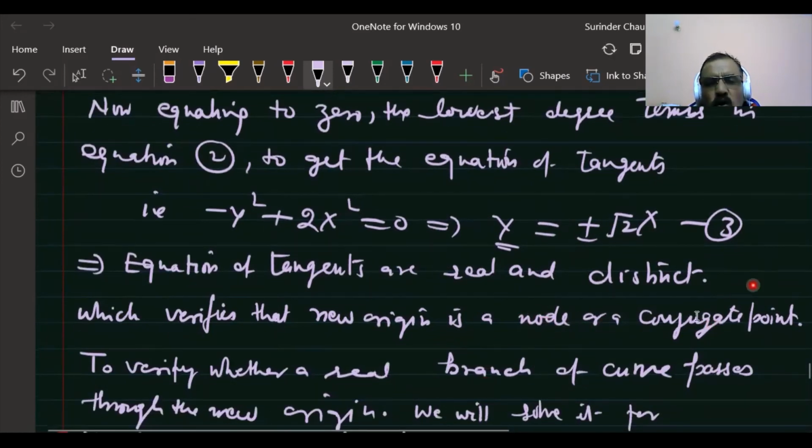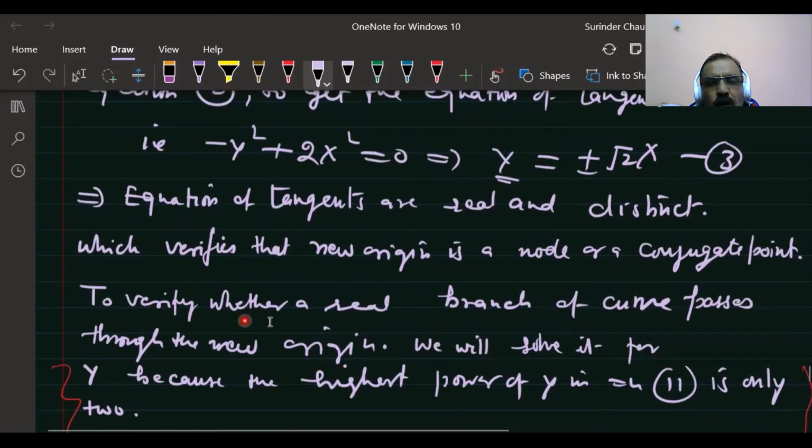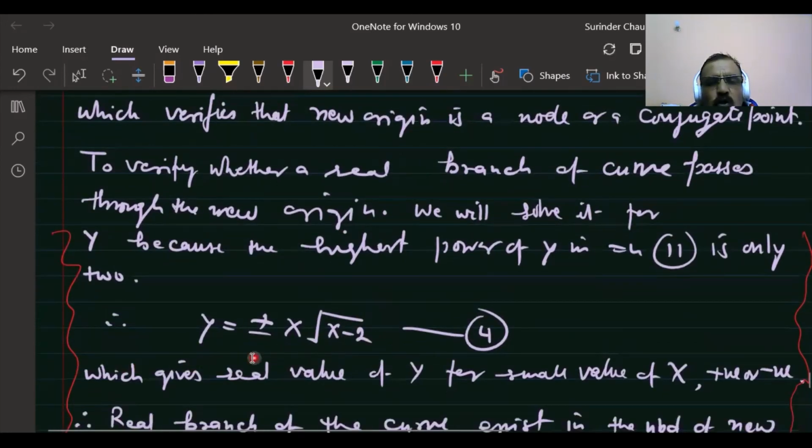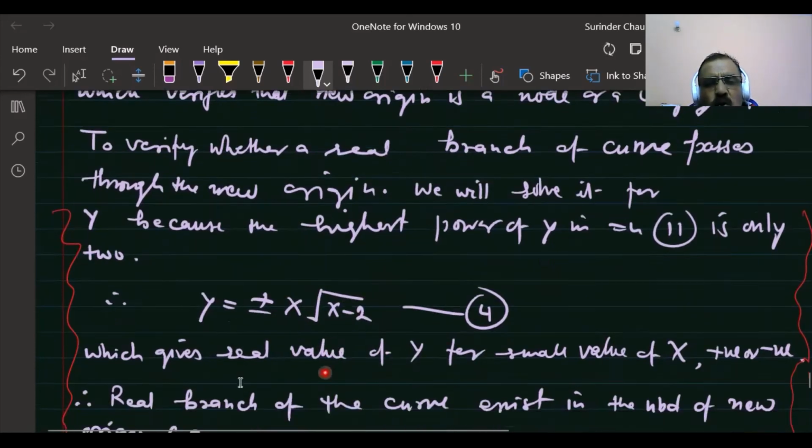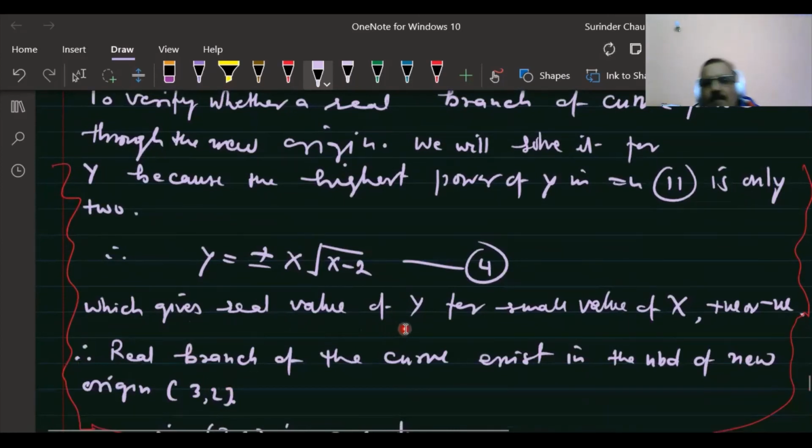Now we have to decide whether it's a node or conjugate point. To verify whether the two branches of the curve pass through the new origin or not, we will solve the equation for y. After solution, we got y is equal to plus minus x times root of x minus 2. So this gives real values of y if x is very close to 3, positive or negative.